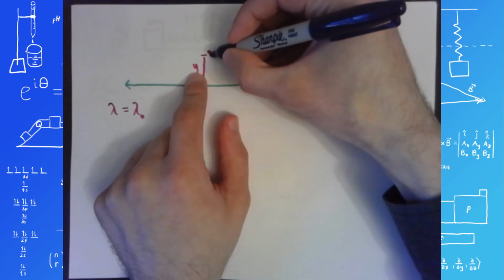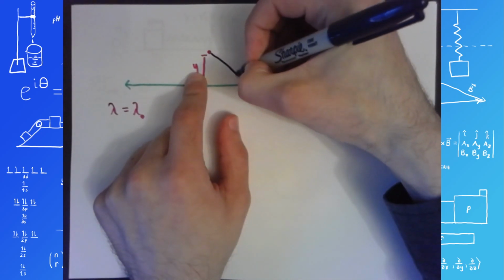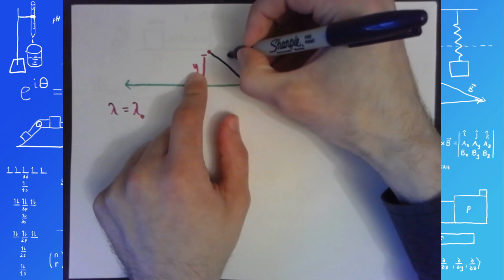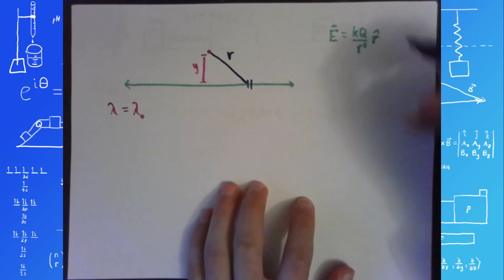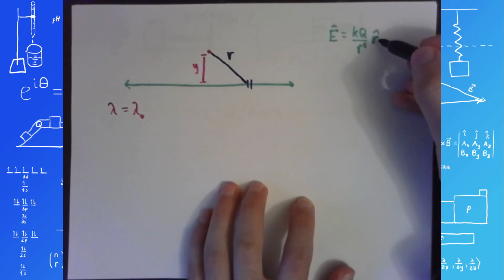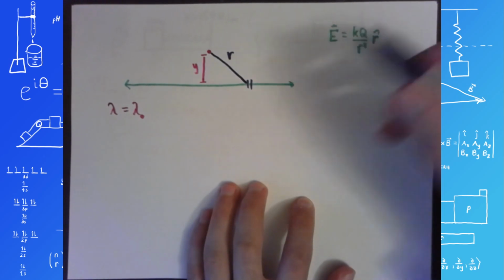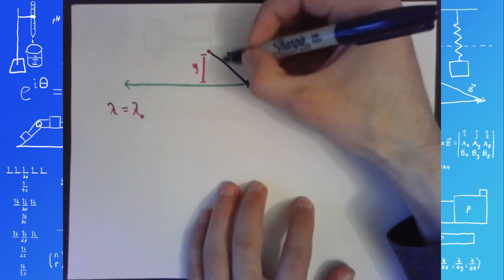So this is going to be r. And it's going to be in the outward direction towards that point. If it's a positive charge, if it was a negative charge, it would be inward. So the direction is going to be this way.